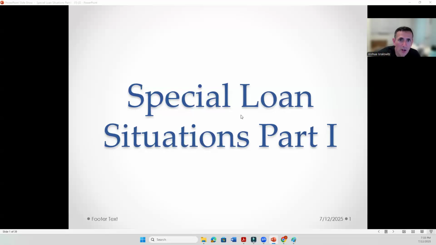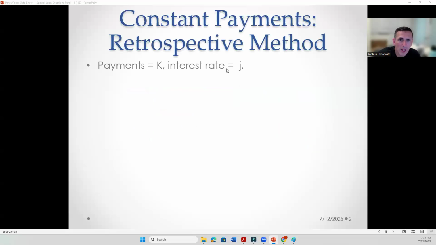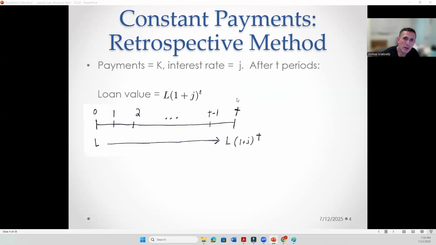Okay, so let's say we have payments K and interest rate J for our entire loan. As I said, I'm going to apply what we did last time. In particular, if we apply the retrospective method, I'm going to repeat the logic from why the retrospective method is true.